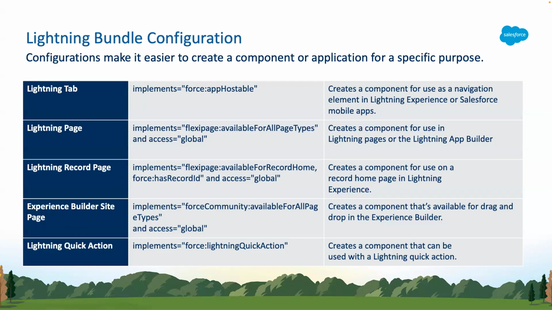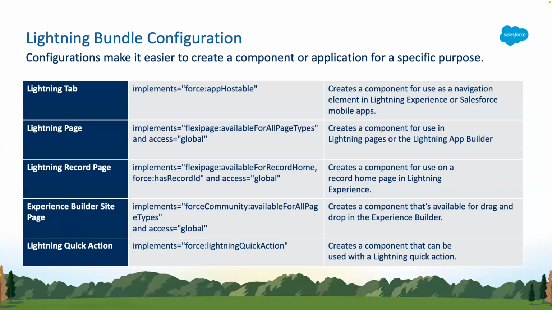Salesforce has defined something, and you are implementing the framework. The base framework is there, and you provide the implementation part of it. So if you want to expose an Aura component as a Lightning tab, what you need to provide is aura:component implements force:appHostable. This tells Salesforce this needs to be exposed as a navigation element in Salesforce. So you can create a custom tab using that Lightning page.